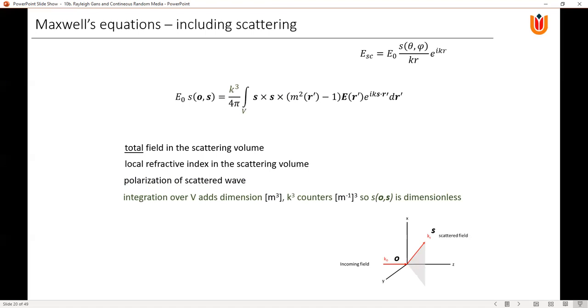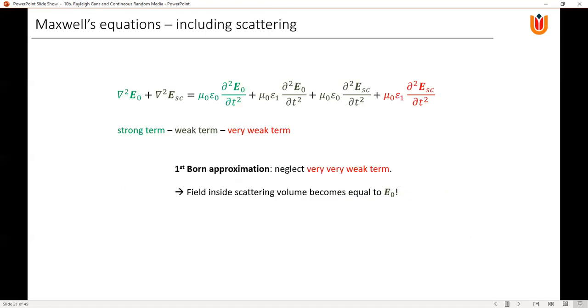So we are getting close to our function S of theta. Now the trick, and it is perhaps not surprising, is to just neglect the very big term, the term that is proportional to epsilon 1 and to the scattered field. If we strike that from the equation, then the field inside the scattering volume becomes equal to the incident field everywhere.